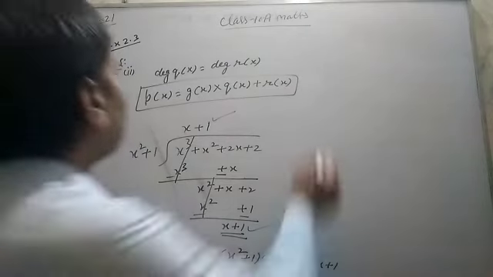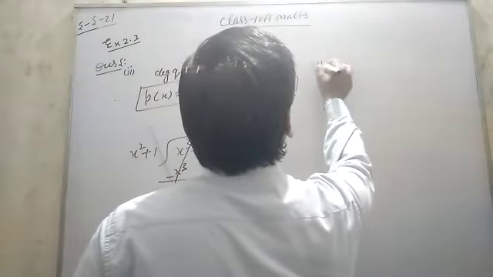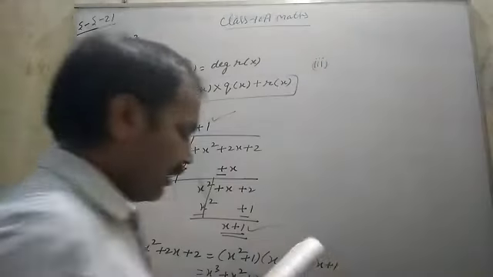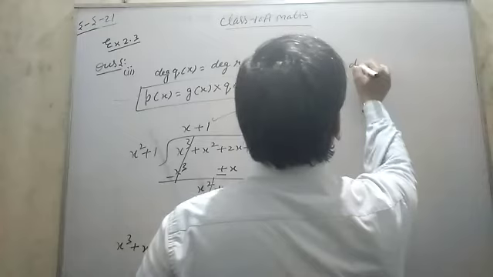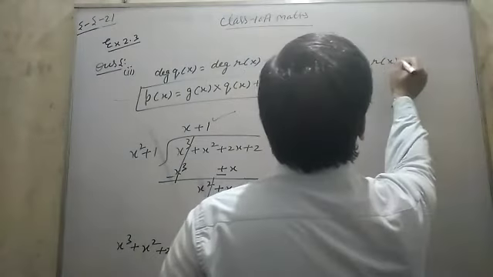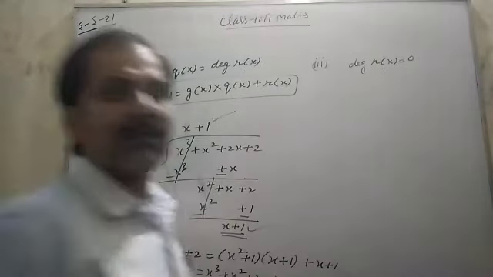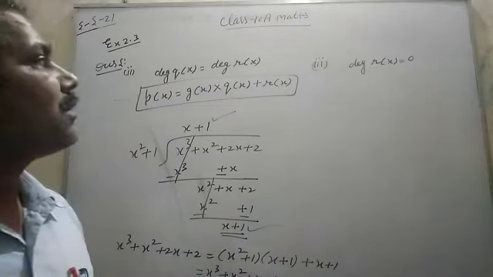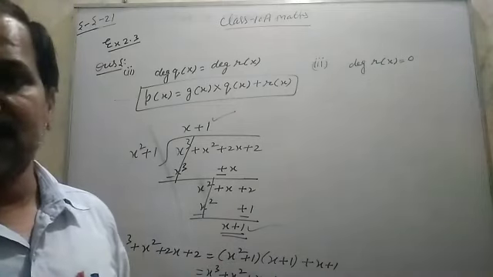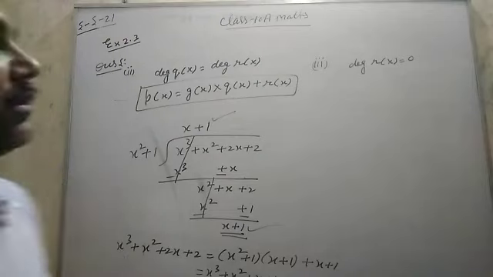Then the third part, degree r(x) is 0, means the degree of remainder should be 0, means the remainder should be constant, because the degree of a constant is 0.